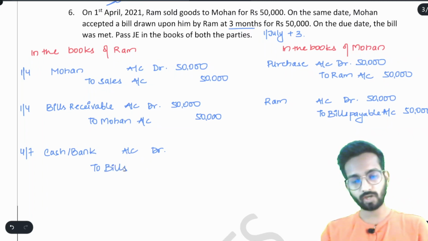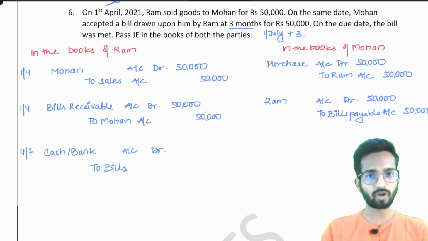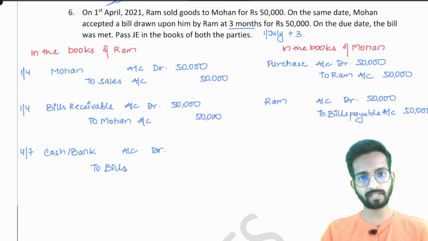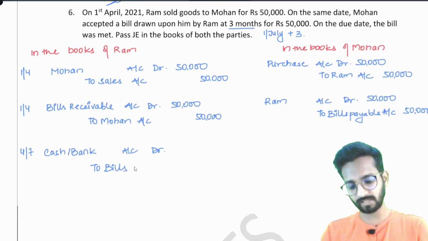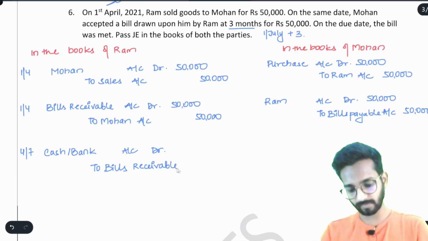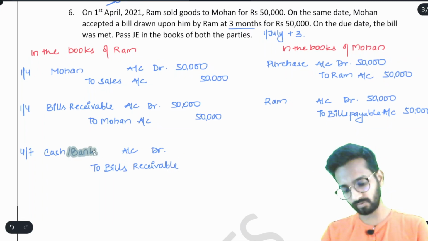Remember this thing, on the due date bills receivable will always be credited, because the due date is the life of bills receivable or bills payable. After the due date there is no value for bills. So to bills receivable, we will use here just one account, so as not to get confused, you use only cash account.